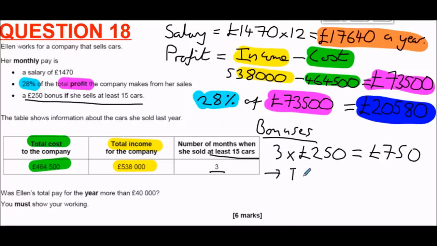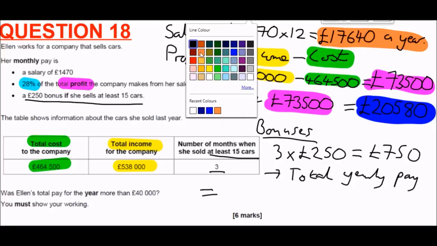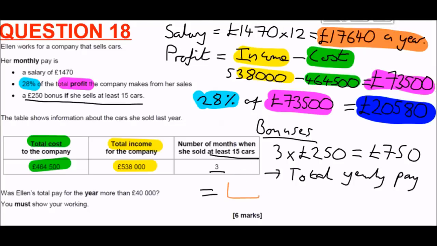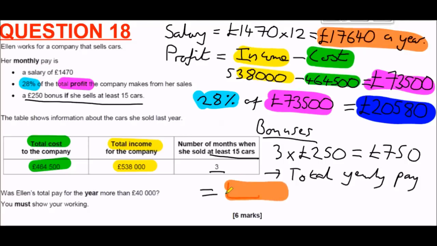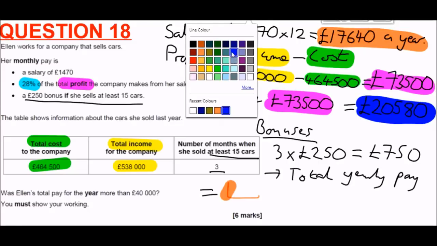So her total pay for the year is going to be a combination of her basic salary, which was 17,640, plus the percentage of the overall profit, which was 20,580.